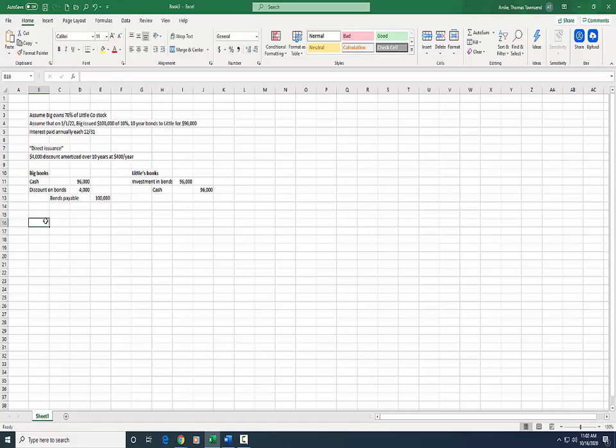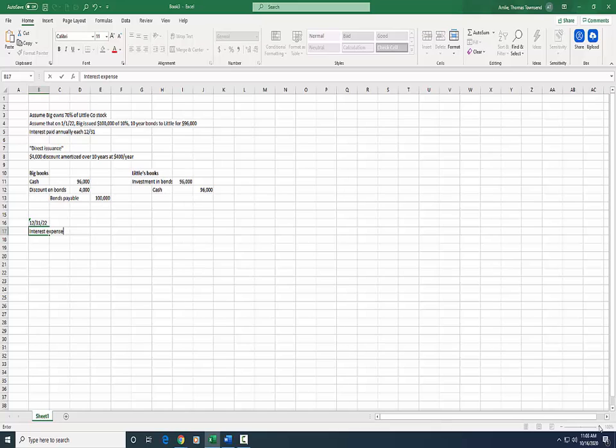What happened over the course of the year? Well, we're going to use straight line amortization. So at the end of the first year, at the end of 2022, Big Company is going to record interest expense. And there are two ways we can do this. I've always just sort of by reflex done the coupon interest and the amortization separately when using straight line amortization.